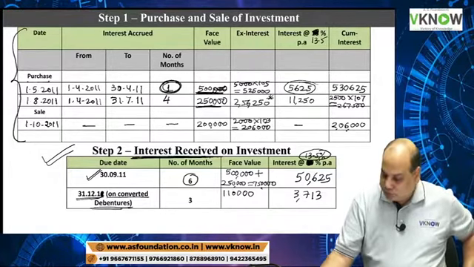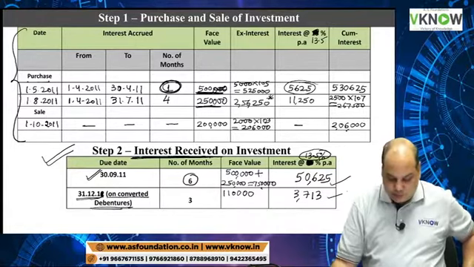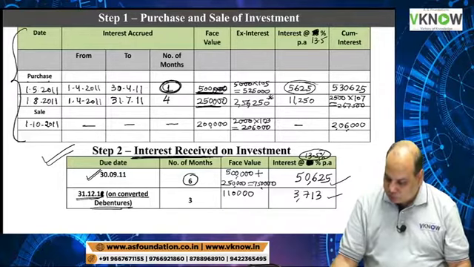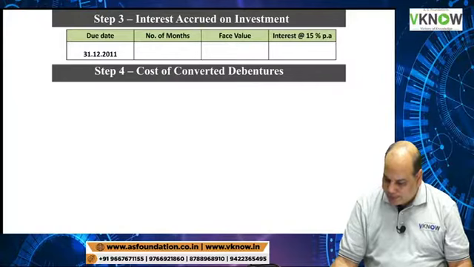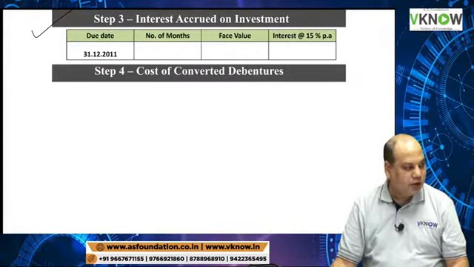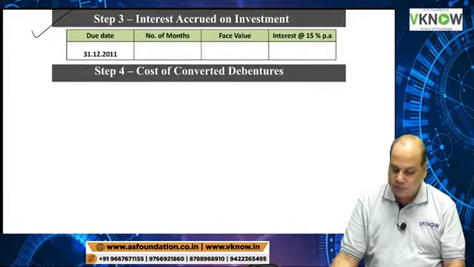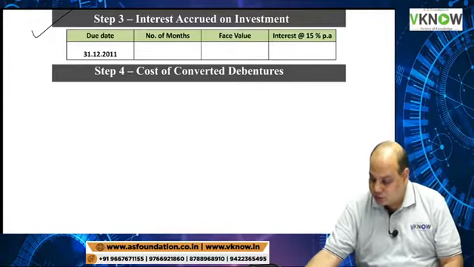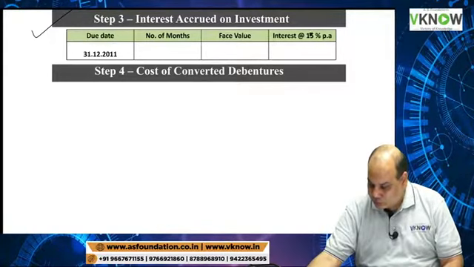Right? So these are the interest received. Let us now calculate interest accrued. Step number 3, interest accrued on investment. Draw the table: due date, number of months, face value, interest at the rate of 13.5%.